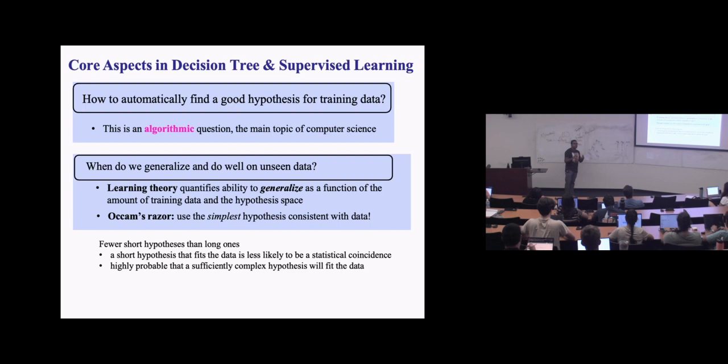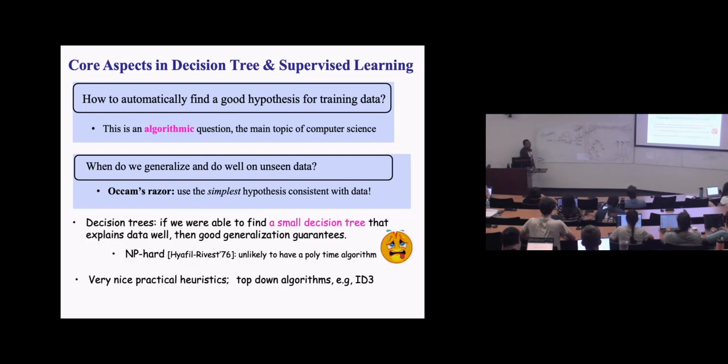All right. So we would like to construct a tree that is smallest and still does the trick. Again, finding the smallest decision tree is an NP-hard problem, which has been proved in 1976.